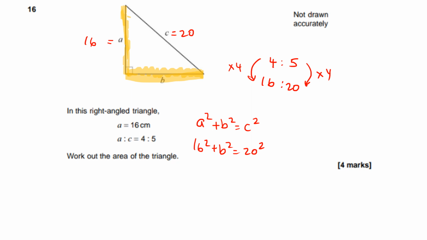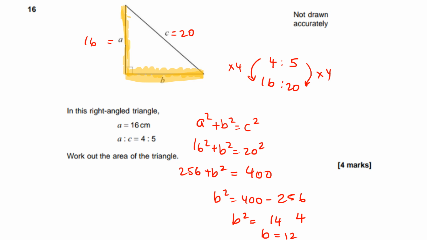So it's going to be 400, 256 plus b squared. B squared is going to be 400 take away 256. B squared is 144. B is 12 then.